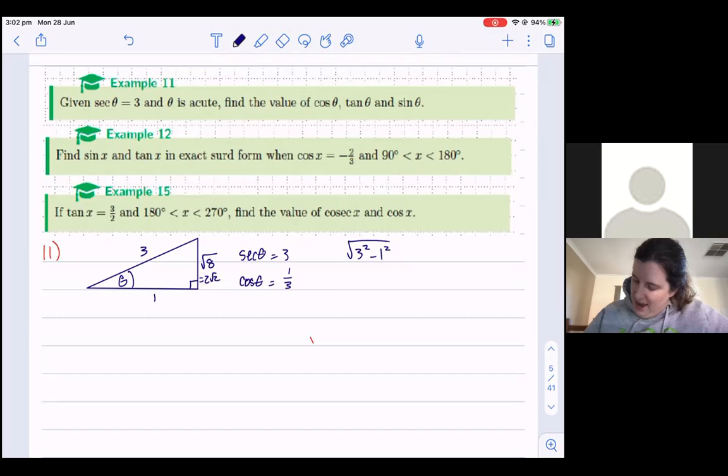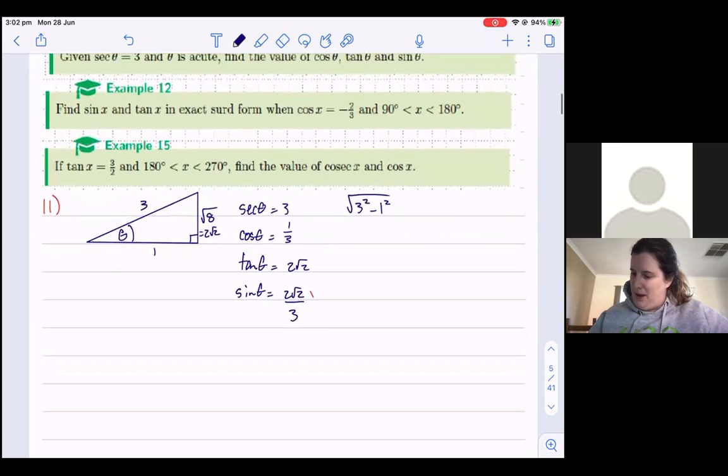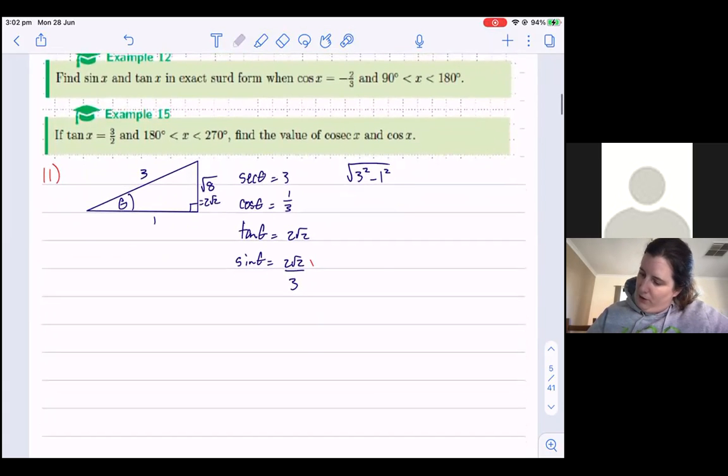Which means tan theta must be 2 root 2 over 1, and we don't bother writing the over 1. And sine theta is 2 root 2 over 3. They specifically said theta is acute. That made that nice and easy. Example 12, though.